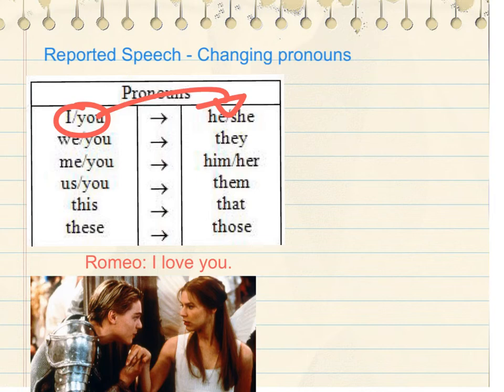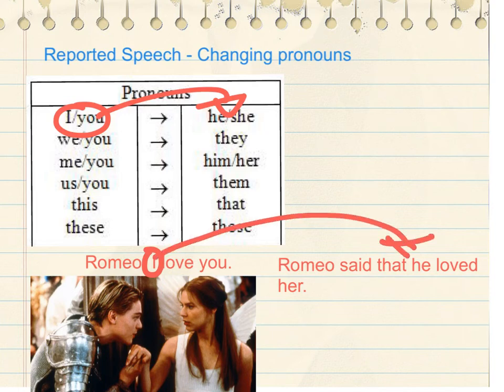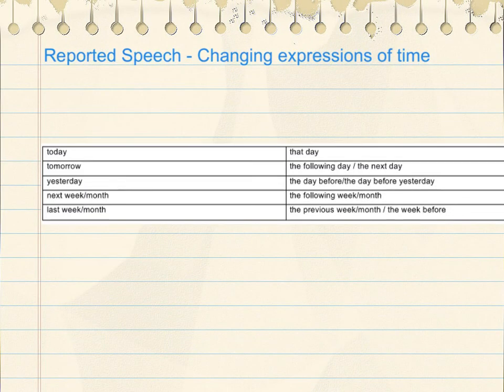If we report this back, we have to make a few changes. So the reported speech becomes, "Romeo said that he loved her." So the I becomes a he, and the you, in this case, becomes a her.